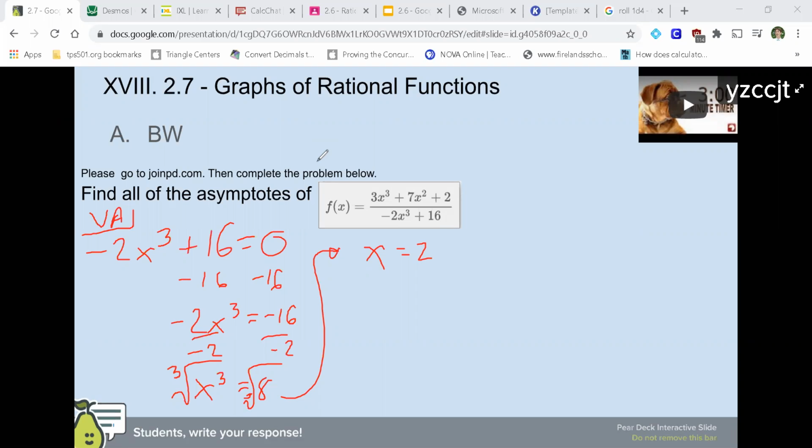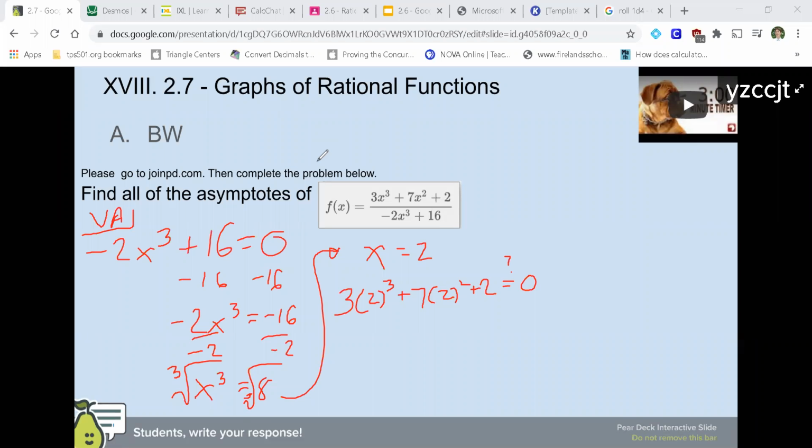Now let's talk about that second part. That don't divide out with the numerator. So this can't be a 0 of the numerator. It's actually really easy to test if that's going to occur. Plug it into the numerator. See if you get 0. Right? So is 3 times 2 cubed plus 7 times 2 squared plus 2, is that equal to 0?